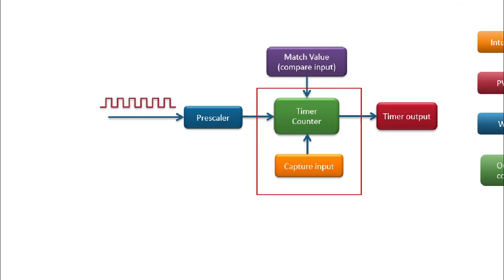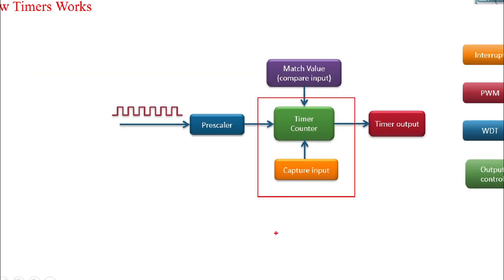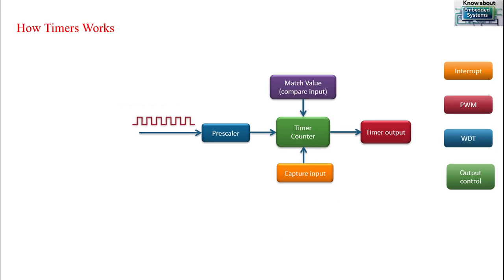In between, let us assume there is an event here. If there is an event like this, I want to measure at what time the event has occurred. There is an event or an interrupt here, and I want to measure at what time the interrupt or the event has occurred. That is called capture mode.